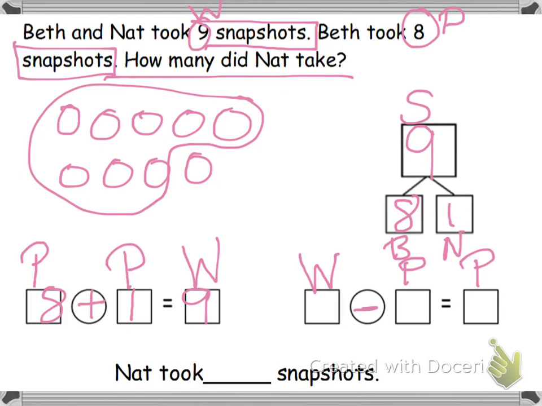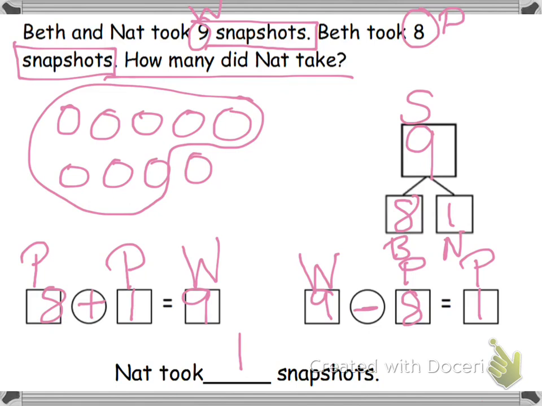And in addition, the parts hug the plus sign. All right, so let's look at this. We know that the whole is 9 minus 8 equals 1. So that Nat took 1 snapshot.